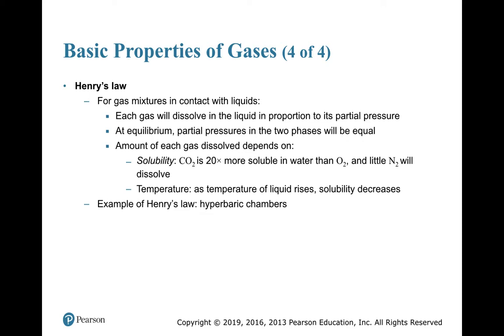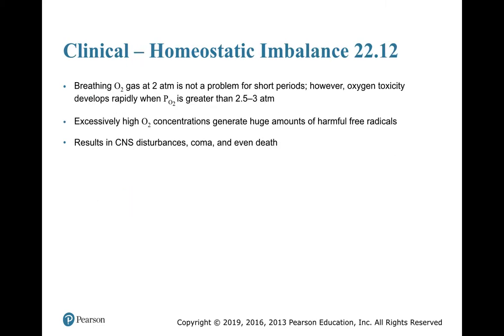So we can use Henry's law when we have to put a patient in a hyperbaric chamber to increase the amount of gas in the liquid. And in this case, the liquid we're concerned with is blood. So breathing oxygen at 2 atmospheres is not a problem for a short period.